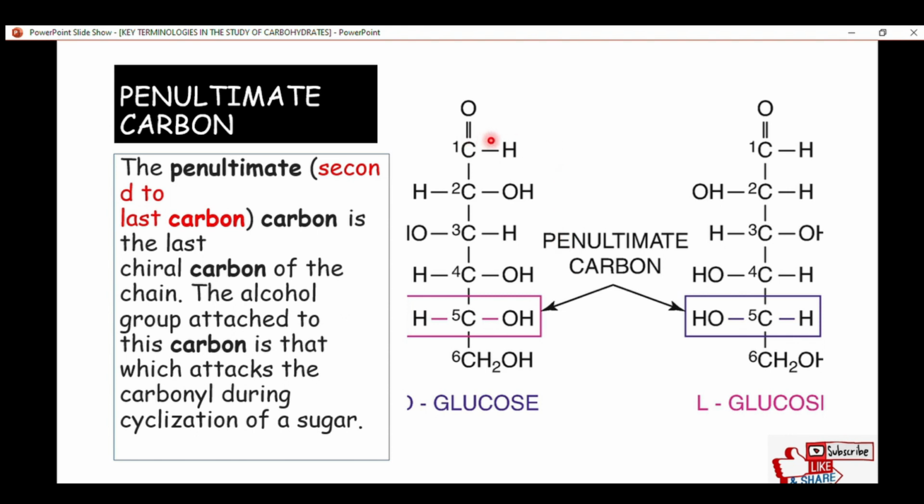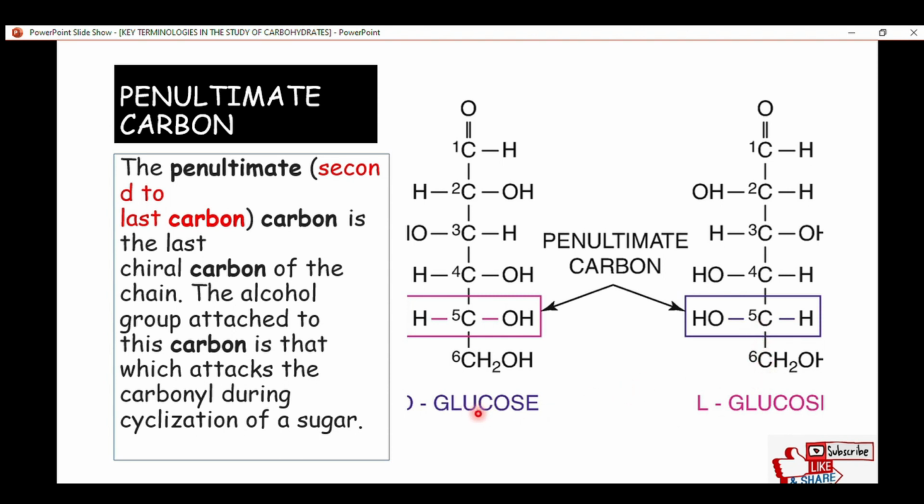There is a loss of water in order to form the cyclic sugar. This is the penultimate carbon at carbon 5 for D-glucose, and likewise for L-glucose.